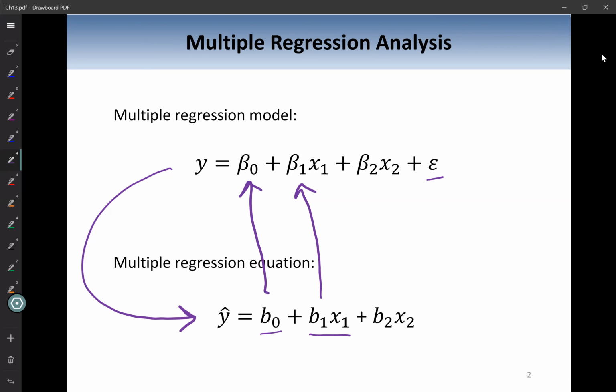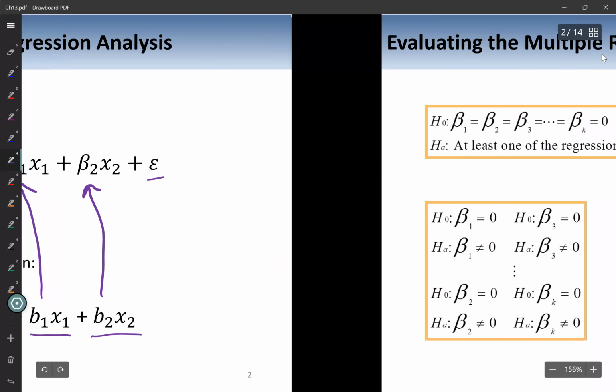And X1, that would be, in our case, time spent. Then we'd have B2. It's used to estimate the coefficient beta 2. And X2 would be our age. So that would be our multiple regression equation. And then you would build the model to see if they are statistically significant in predicting online sales.